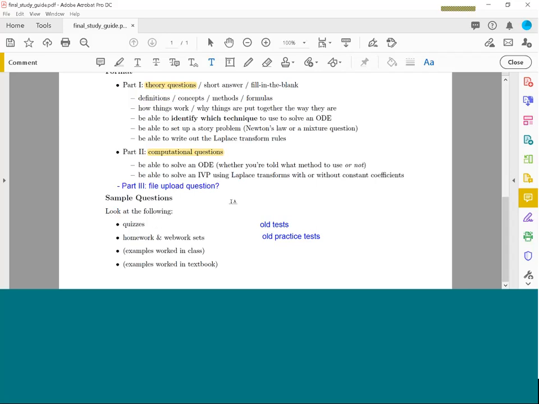And having to deal with one extra level of complexity of making sure you don't forget to do that file upload, especially if you have an issue uploading a file, is also a consideration. So it's possible that you might have one question where you're asked to upload a file. If that happens, let me show you where that would occur.